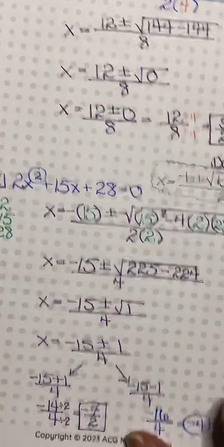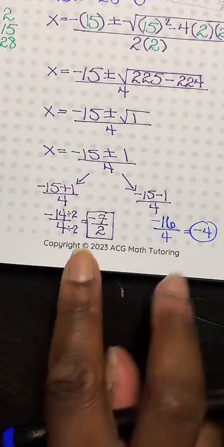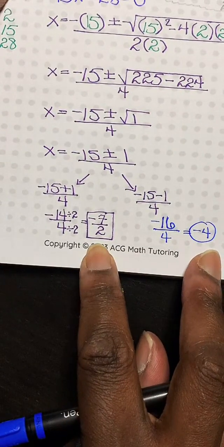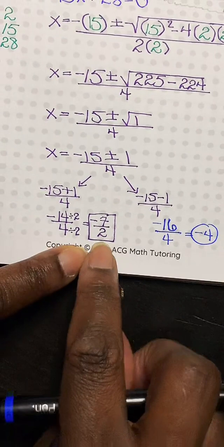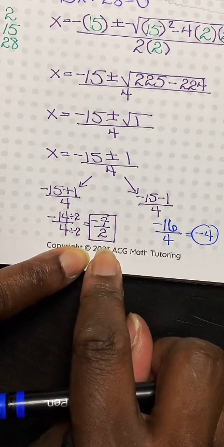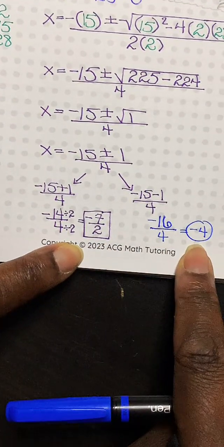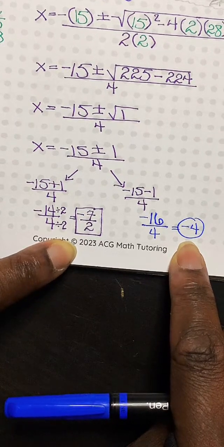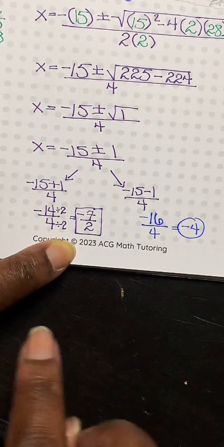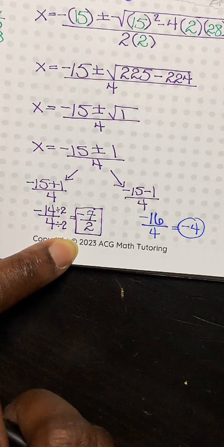So this graph is crossing the x-axis at -7/2 and also at -4.